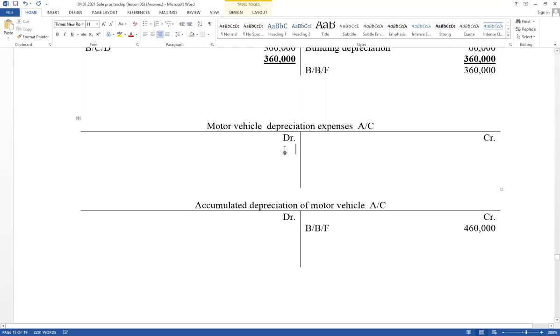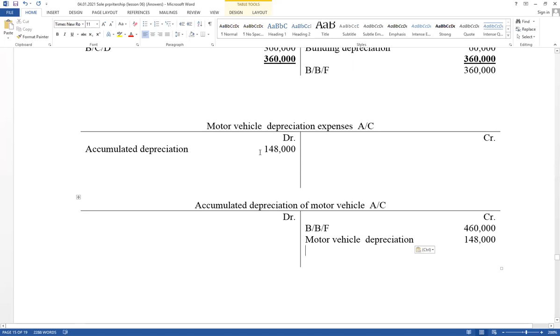Think about double entry. Depreciation expense account debit and accumulated depreciation account credit. Therefore, in the motor vehicle depreciation account, debit as accumulated depreciation, the name of the other ledger account, and in the accumulated depreciation account, credit as motor vehicle depreciation, the name of the other ledger accounts.